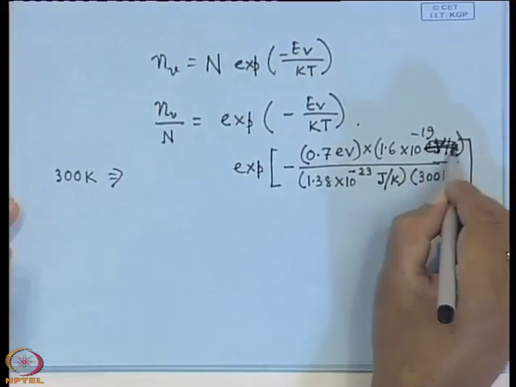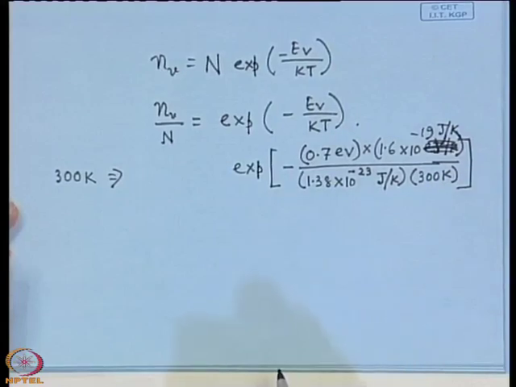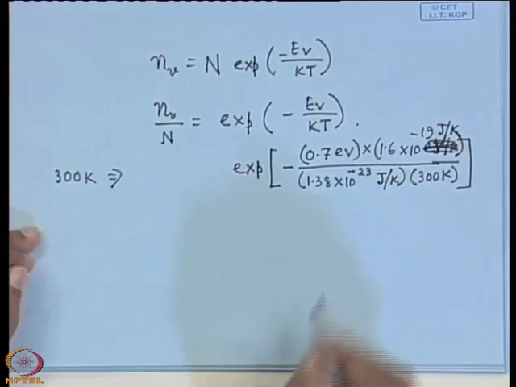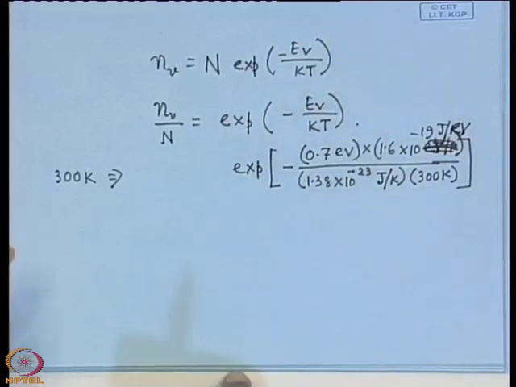No, it is not joule per Kelvin, it is joule per electron volt. The total will be the exponential of minus 38.61 into 0.6.